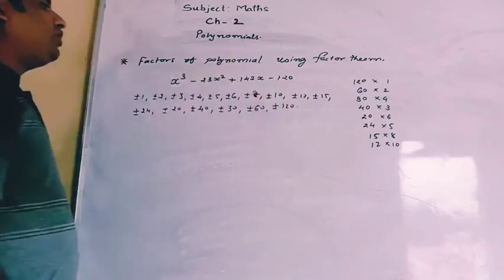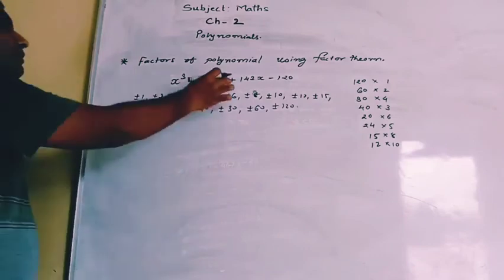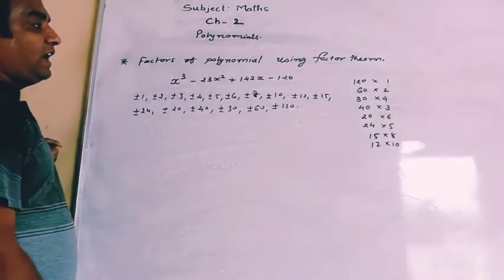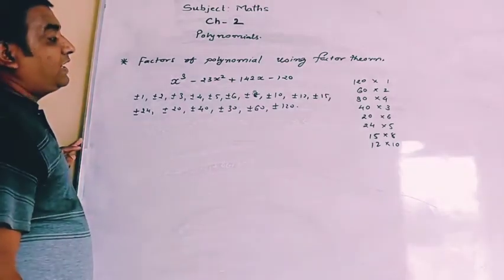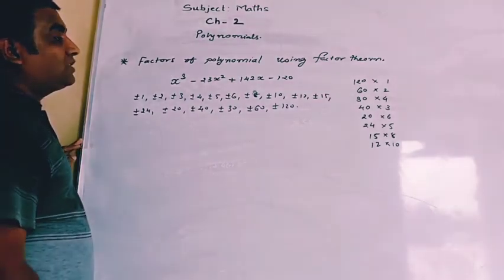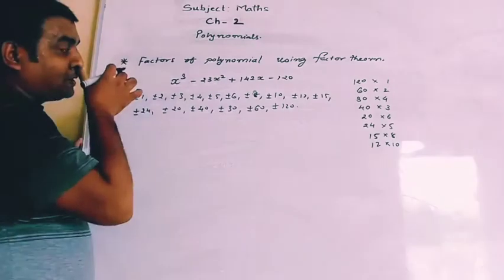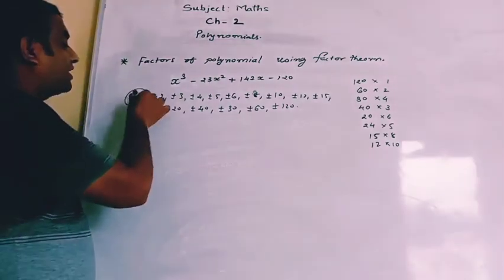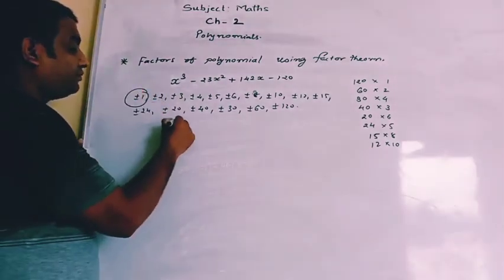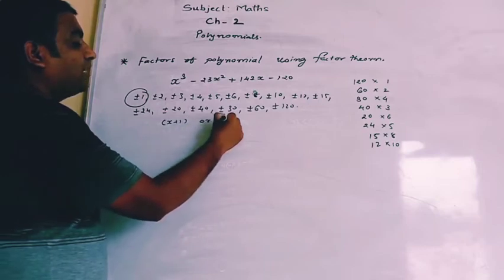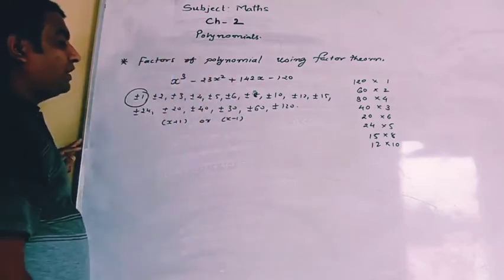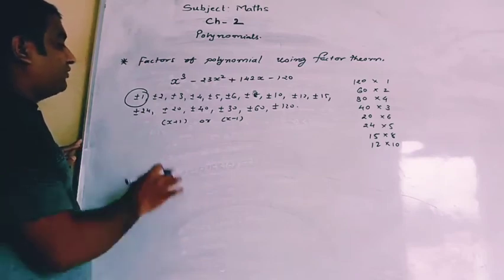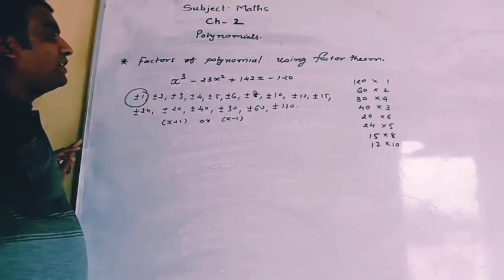Out of these values, any value that gives the remainder 0 gives a factor. But in your study, mostly the factor will be either x plus 1 or x minus 1, such a cubic polynomial will be given. And so first we will check for plus 1 and minus 1.